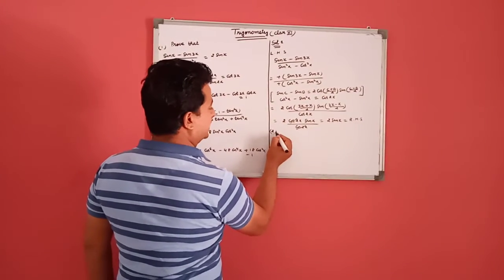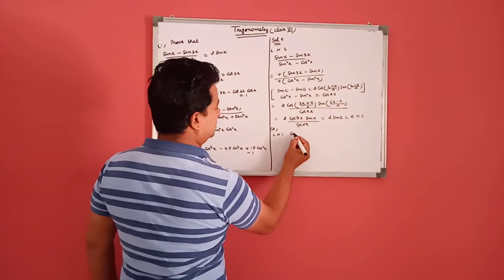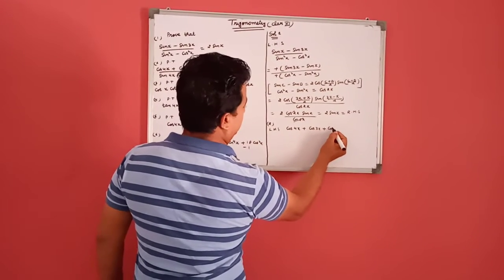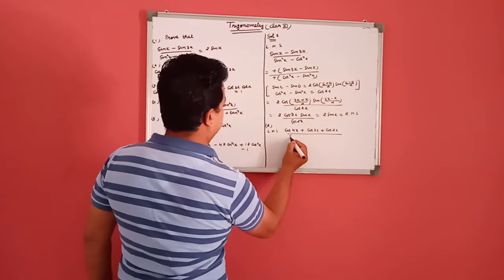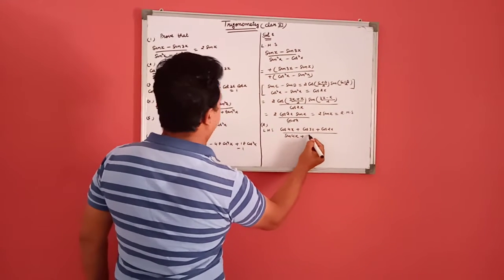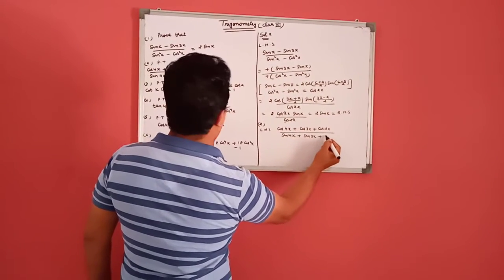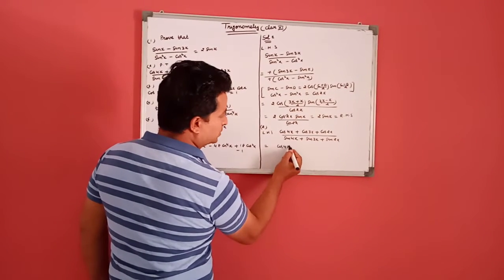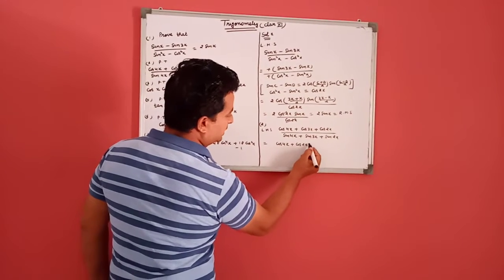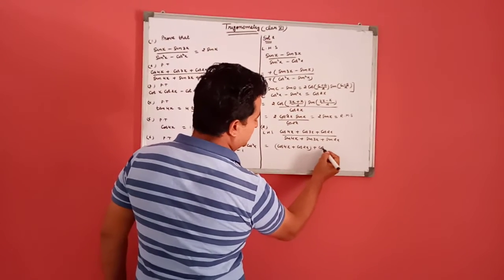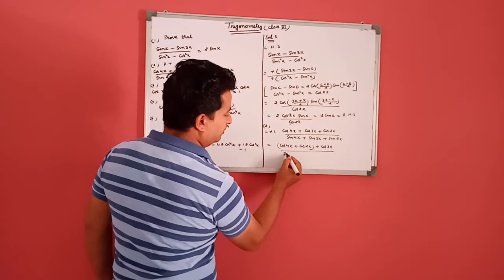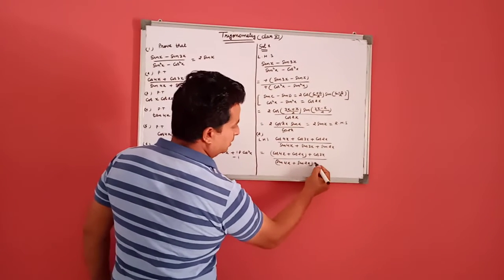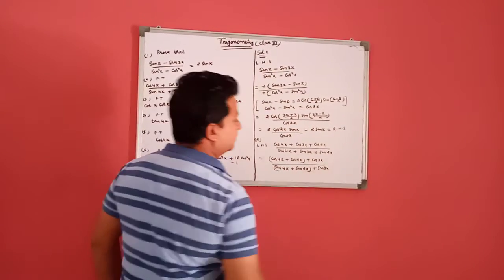In question number 2, the left hand side is cos 4x plus cos 3x plus cos 2x, and in the denominator sin 4x plus sin 3x plus sin 2x. We take cos 4x and cos 2x as a pair plus cos 3x, same for sin 4x plus sin 2x plus sin 3x.